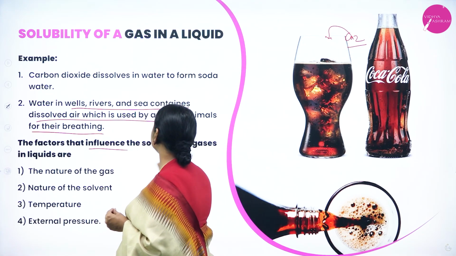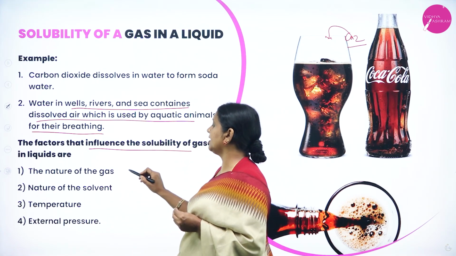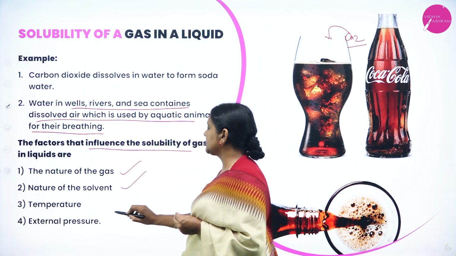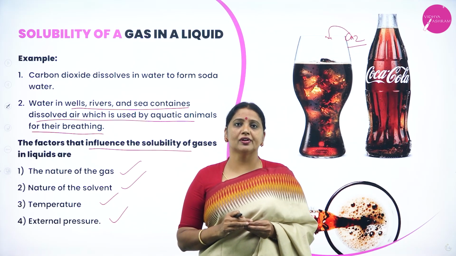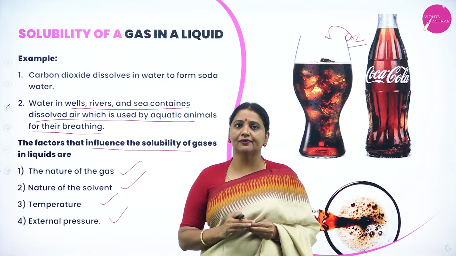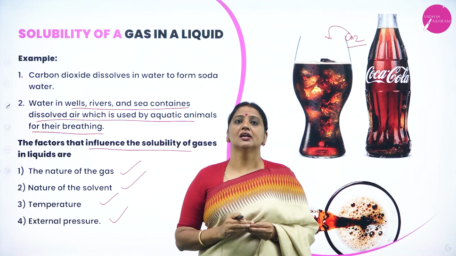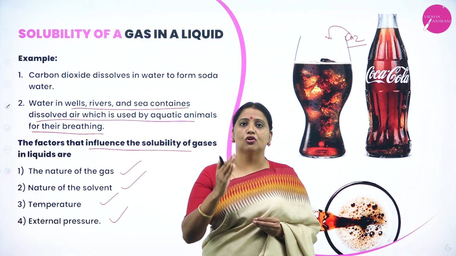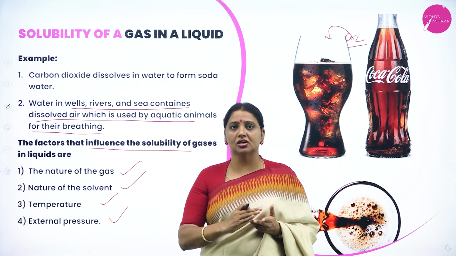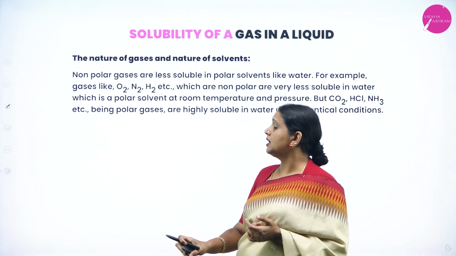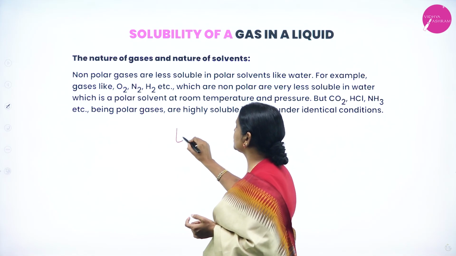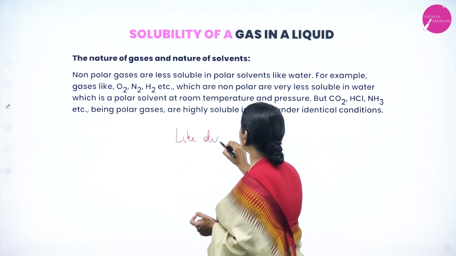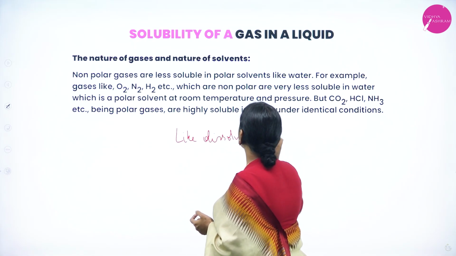The factors which influence the solubility of a gas in liquid are nature of the gas, nature of the solvent, temperature, and external pressure. These are the four factors. Nature of gas and nature of solvent can be discussed using one generalization called "like dissolves like".